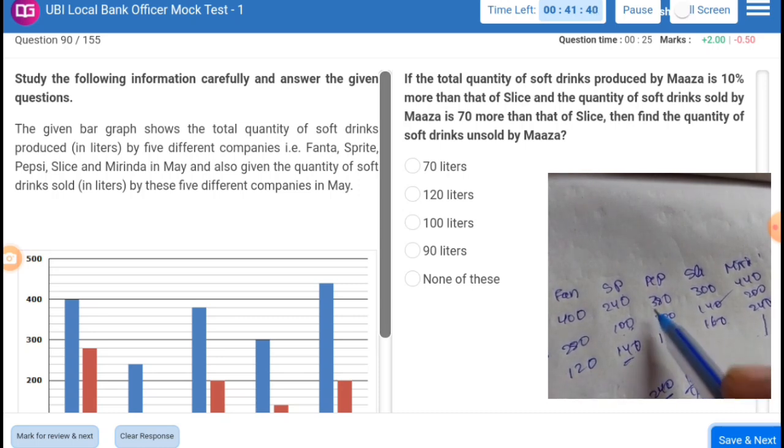Sold by Maja is 70 more than Slice. Three 30. 120.